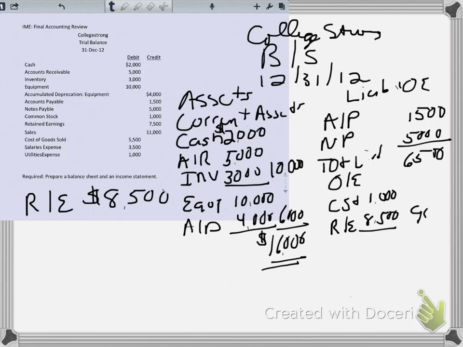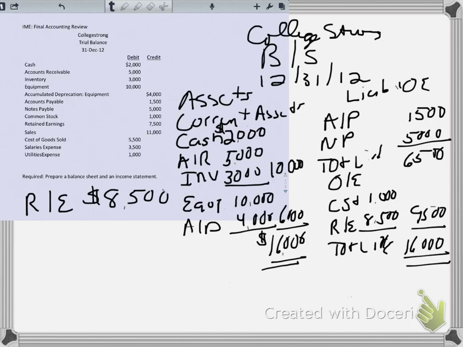That totals $9,500. So when I total my liabilities and my owner's equity, I end up with $16,000. Total liabilities and owner's equity. That's the other side of my balance. So the purpose of my balance sheet is to show the balance, and I'm going to double underline that amount.